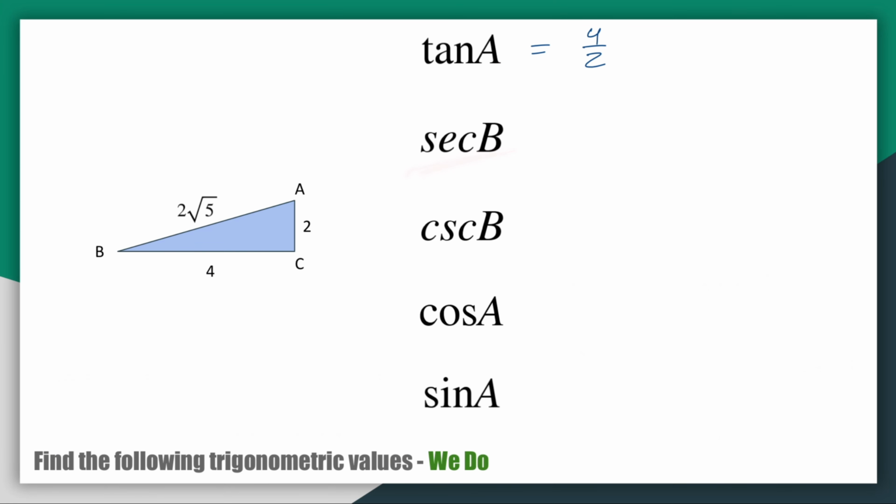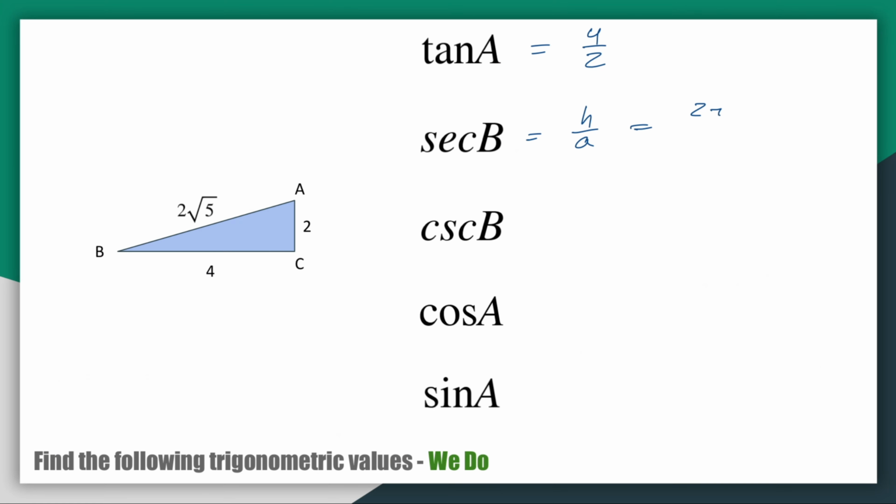Secant. Remember, secant is a reciprocal of cosine. Cosine's adjacent over hypotenuse, so this is hypotenuse over adjacent. But our reference angle is B this time. So my hypotenuse is still here, but my adjacent is 4.